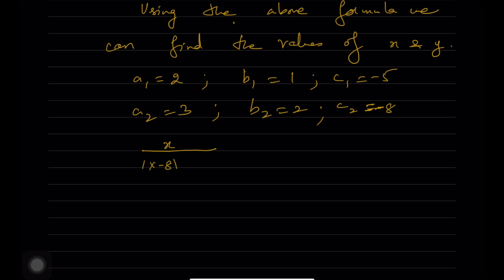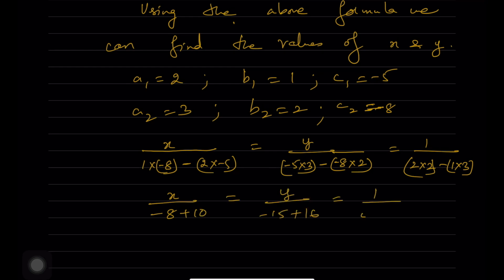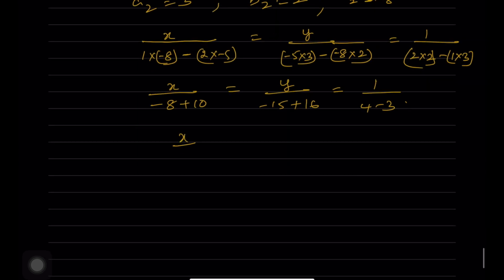So we get x by b1 c2 minus b2 c1, from the formula we have that. Therefore you can write 1 into minus 8 minus 2 into minus 5, which is equal to y by c1 a2 minus c2 a1, that is 2 into minus 8 minus minus 8 into 3 written properly, which is equal to 1 by 2 into 2 minus 1 into 3.